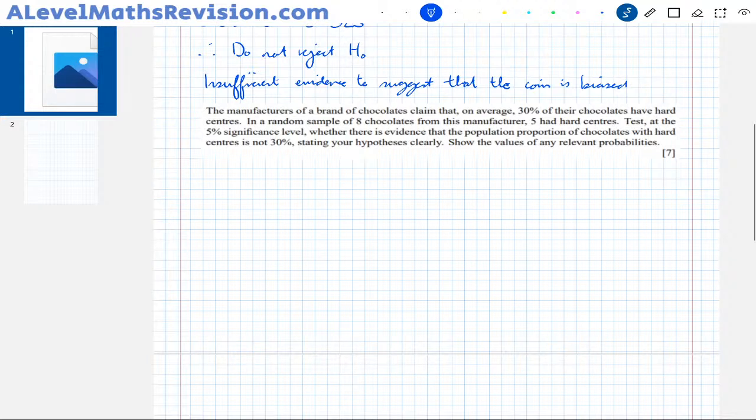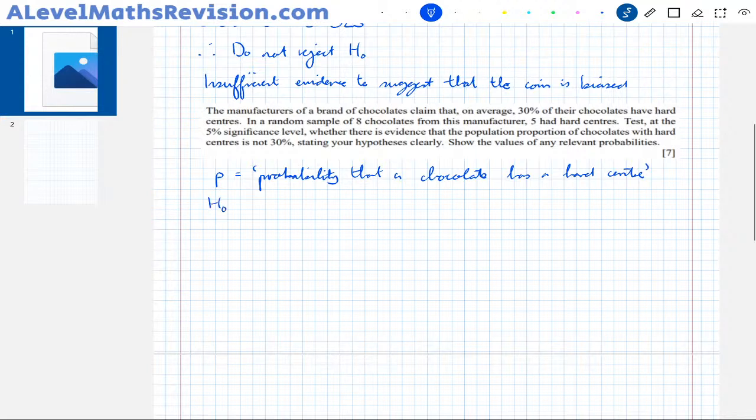Show the values of any relevant probabilities. In this case, our p is going to represent the probability that a chocolate has a hard center.